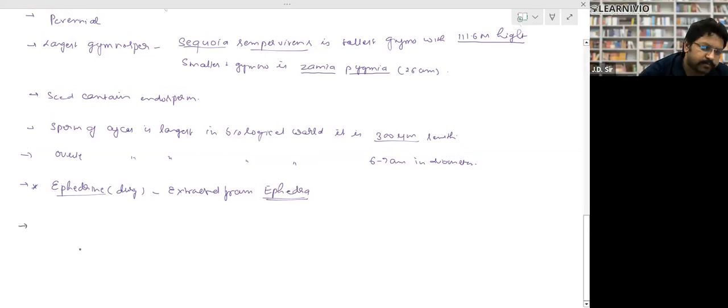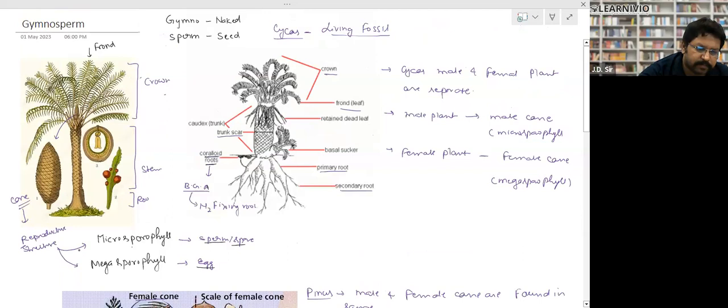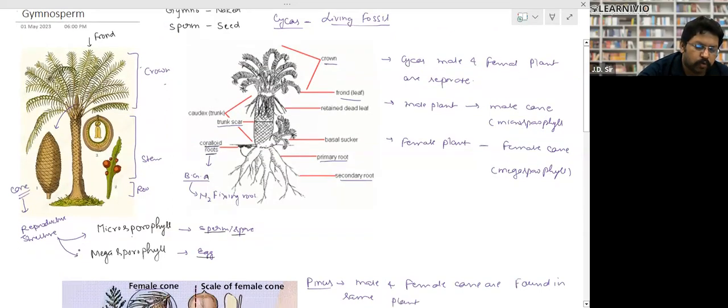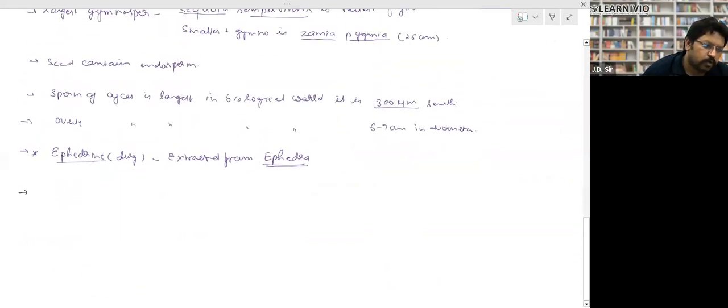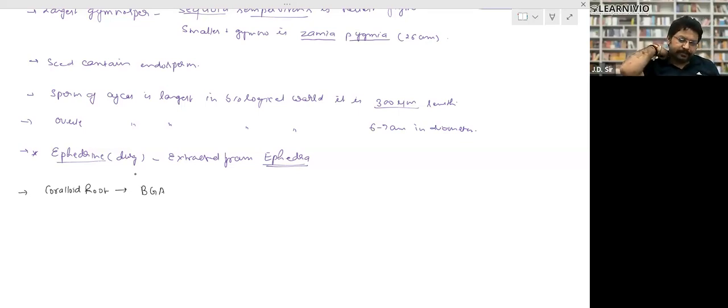They have coralloid roots, which contain blue green algae, to fix atmospheric nitrogen.